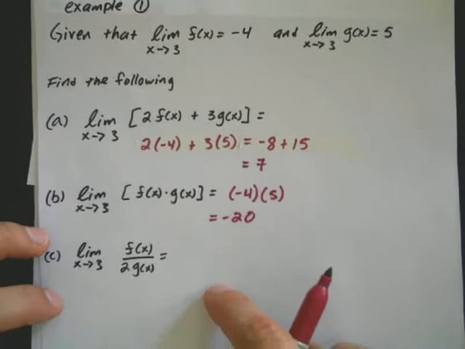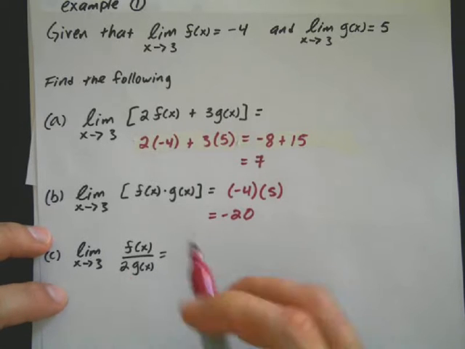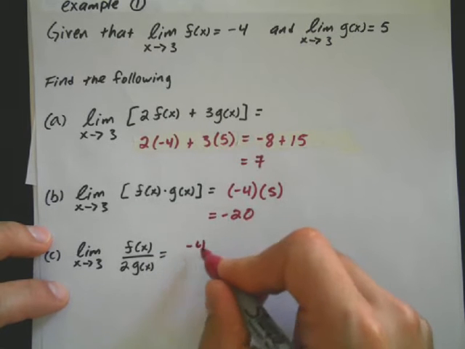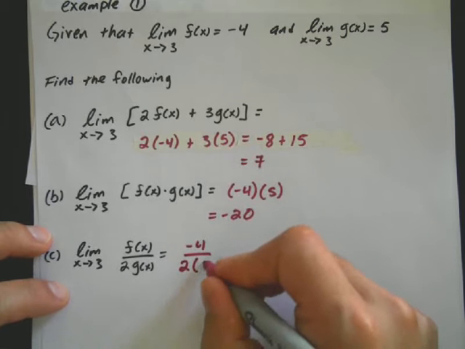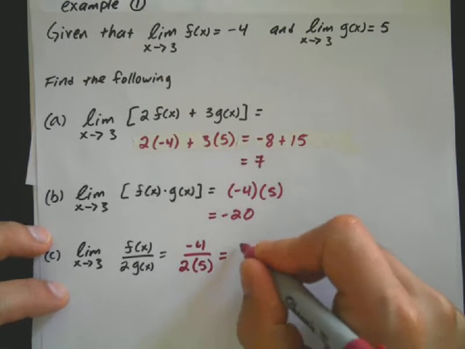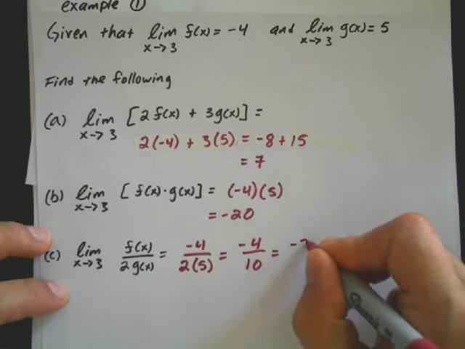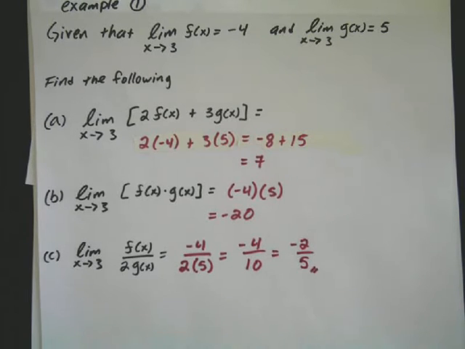And the last part C says if I'm dividing f over g, but now I'm multiplying it by 2, so I've got to take the limit of f, which is -4, and then take 2 times the limit of g, which is 5. So my answer over here is going to be -4 divided by 10. We reduce this as -2 over 5. Okay, so that's example 1 using limit properties.